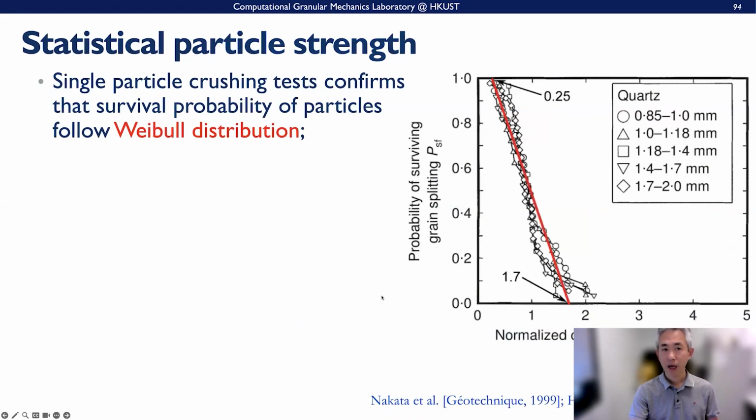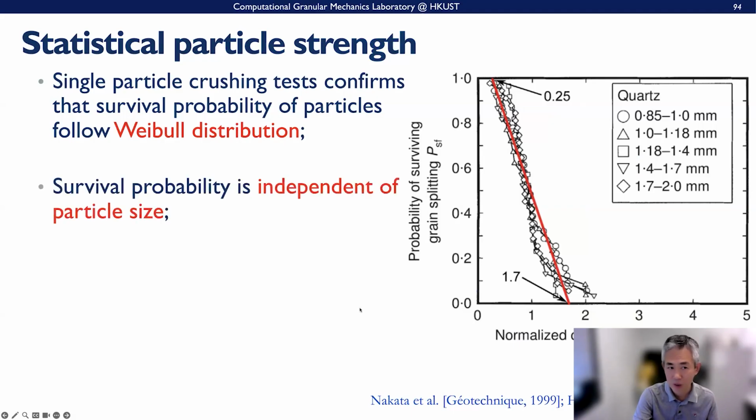And also we know that the particle strength follows certain statistical laws that we have observed. The so-called survival probability of a particle changes with size. According to experimental tests, the formula is the Weibull distribution.